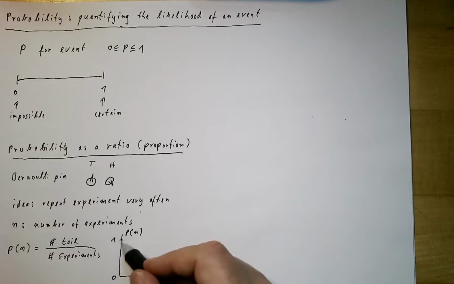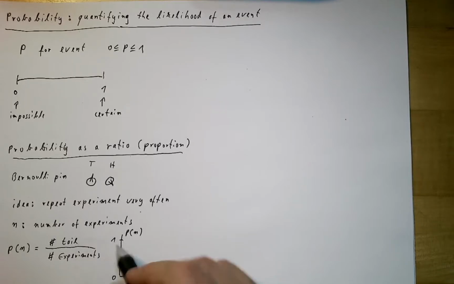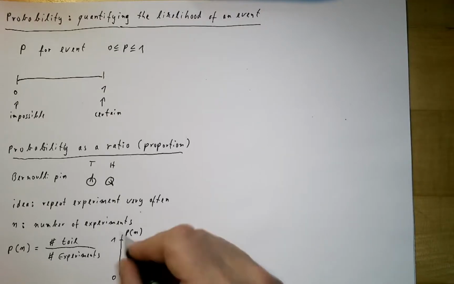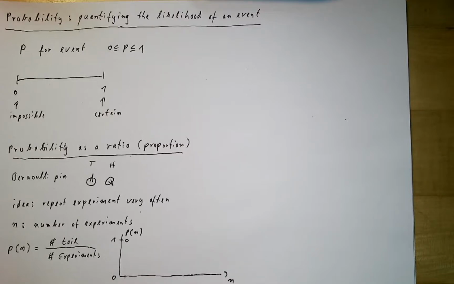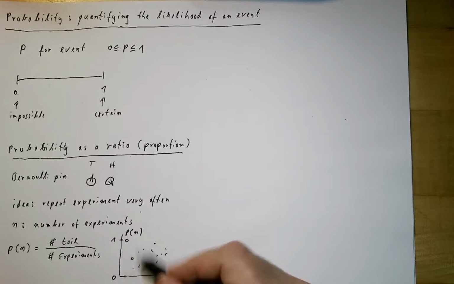And we start this, and maybe we do first one experiment, and we find tail, then we have here a 100% chance to have tail. We do this again, and then we have maybe this point, and then we do this more and more often, and so we increase the number of experiments.